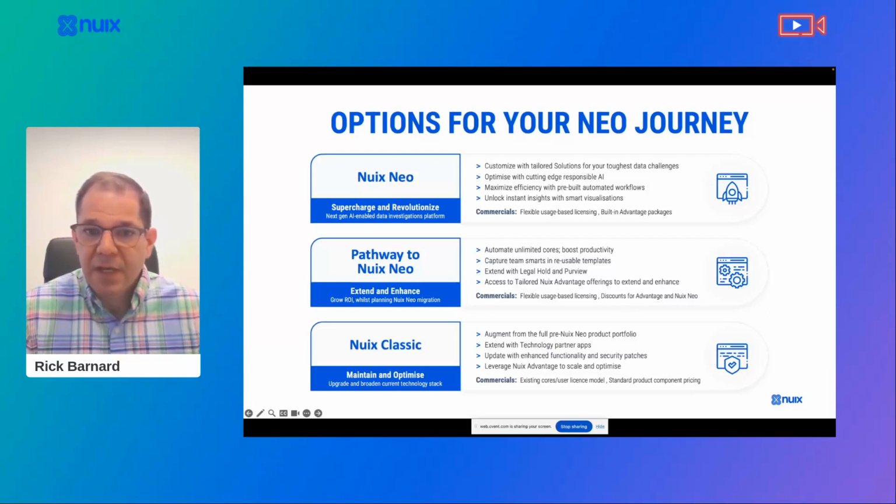And we've talked a lot about that in the last 40 minutes in terms of all the benefits and features it provides. Unlimited cores for processing and usage-based licensing. So whether you're ready for Nuix Neo or you want to build a pathway to Neo, we have lots of different options for customers to consider.